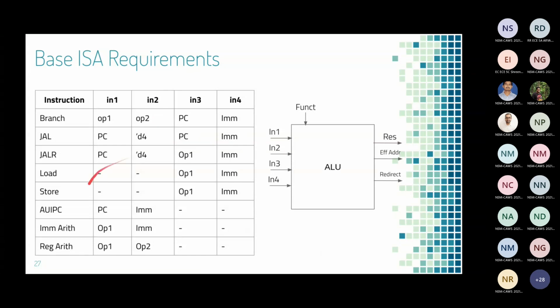And so on. So what we've basically done is in3 and in4 have the inputs that are used to calculate an effective address. Whether it's a branch instruction or a JAL or a JALR or a load or a store operation, in3 plus in4 will tell you the effective address, either because of a branch or the effective memory address.